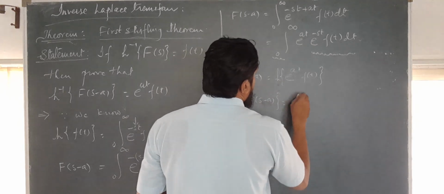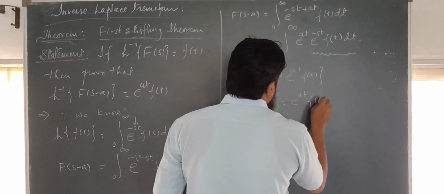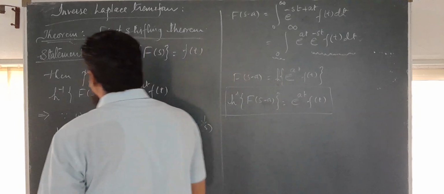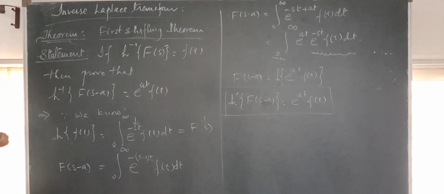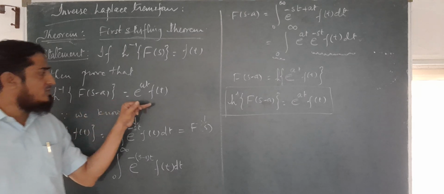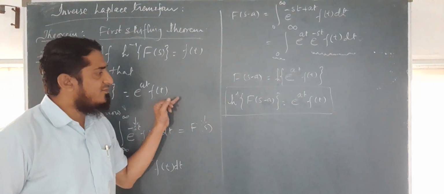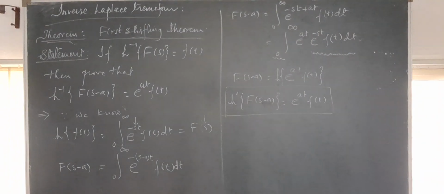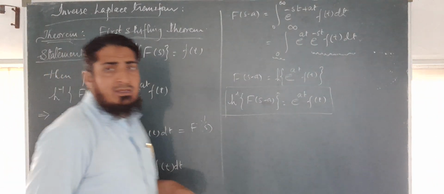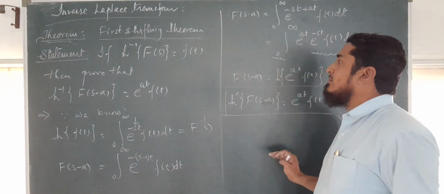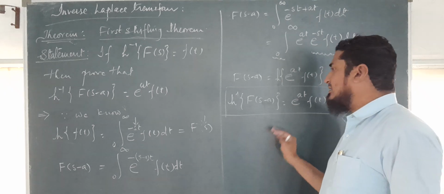We will get e raised to at f of t, and it is the required result for our first shifting theorem, that inverse Laplace transform of F of s minus a is equal to e raised to at f of t. Correct? Now we have completed our proof. The proof is very easy.